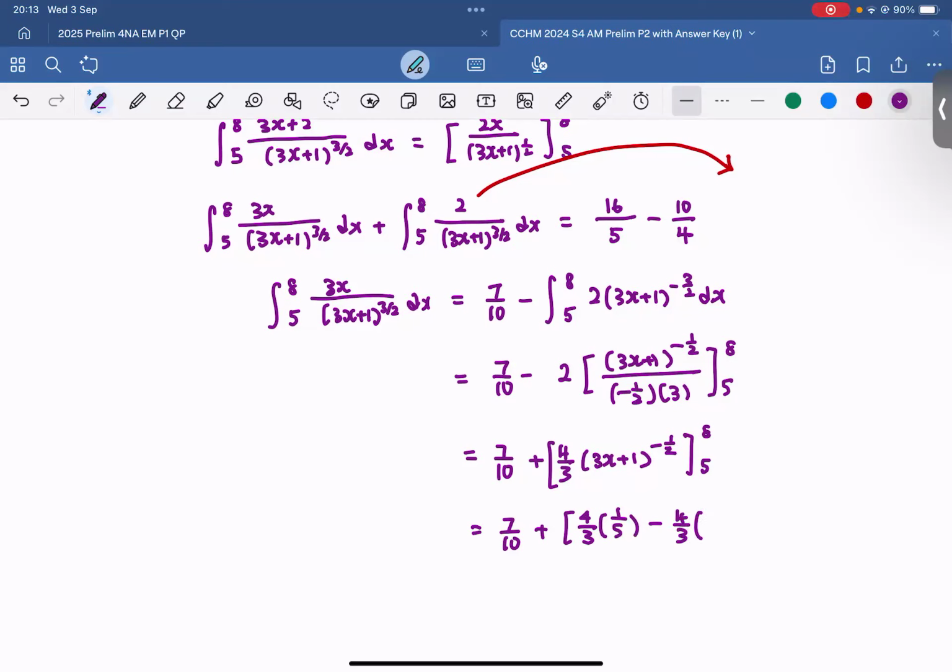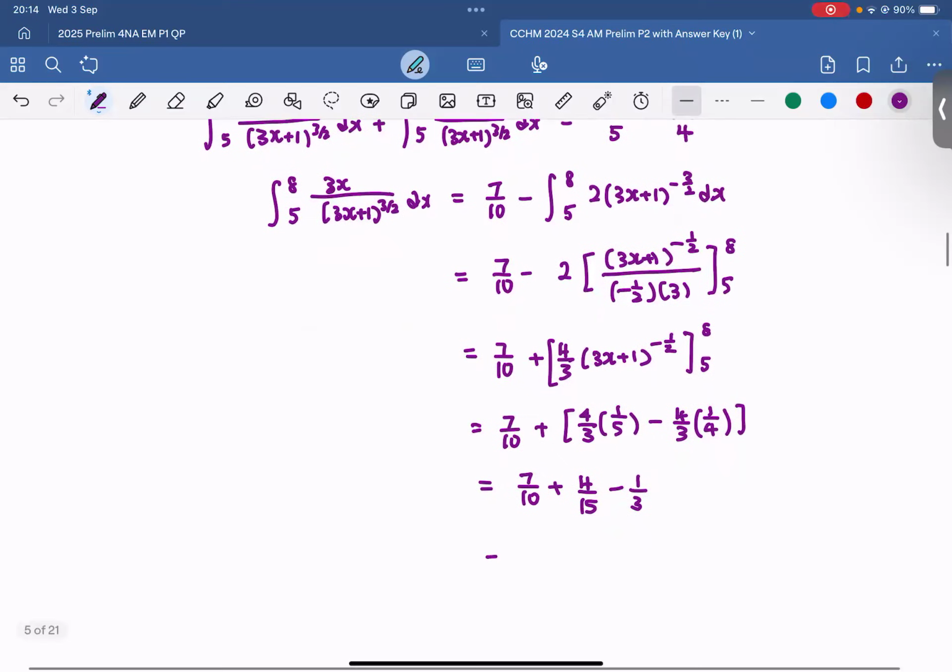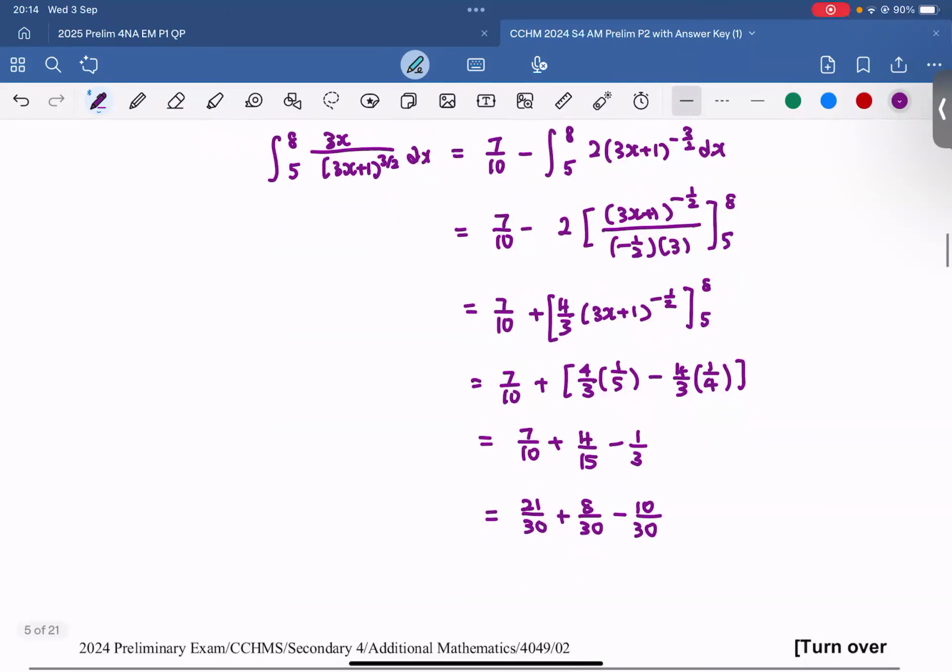Put in 5 is 1/4. Plus 4/15 minus 1/3. This should give me 21/30 minus 8/30 minus 10/30 plus. This will be 19/30.